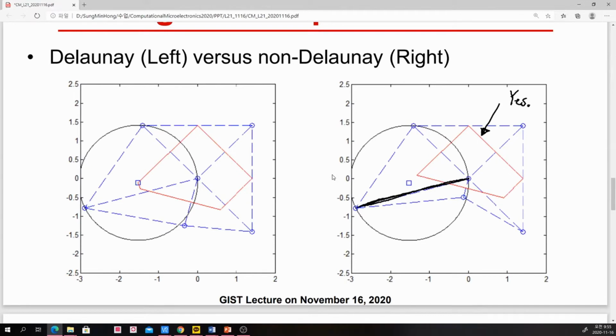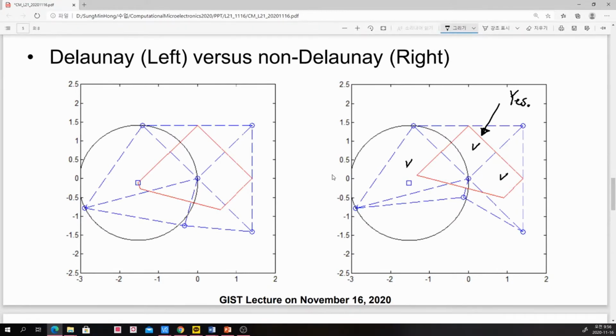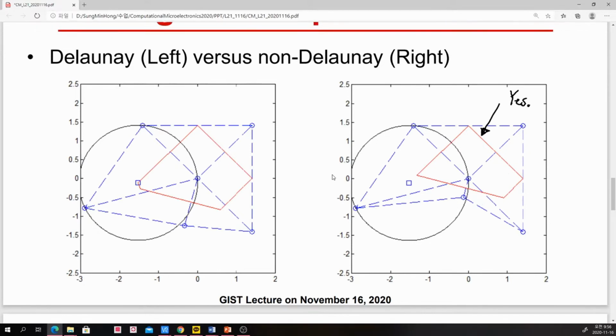This edge is actually meaningless. Then what does it mean? Actually, in this case, although we have discretized in this way, here we can find one triangle, two triangles, three triangles, four, five triangles. Actually, the edge connecting this and that is meaningless.